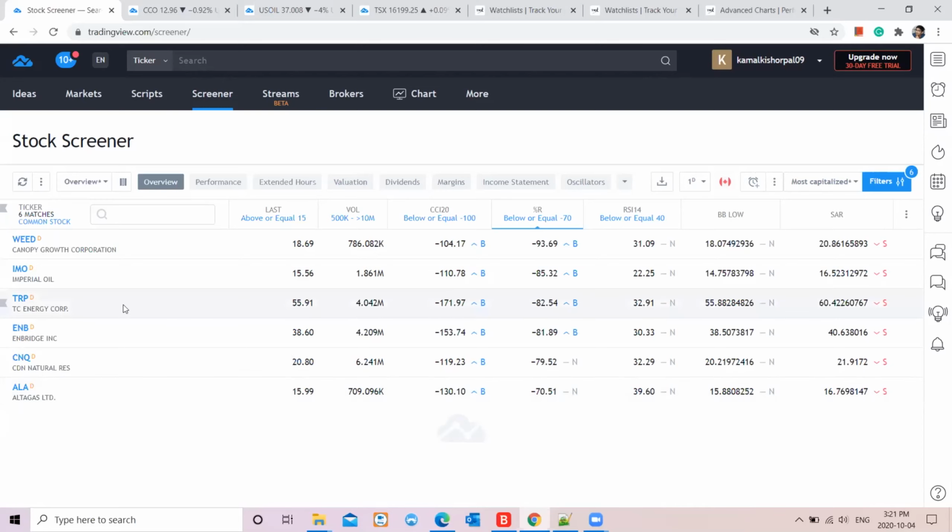Now you look at Enbridge, it is very close. You look at TC Energy, it's very close, just 3 cents. So that means it is getting ready to buy, which is why you have CCI as a buying signal, you have Williams R as a buying signal, and RSI is showing a neutral value. Because when RSI turns 40 or 45, it will go into a buy zone.